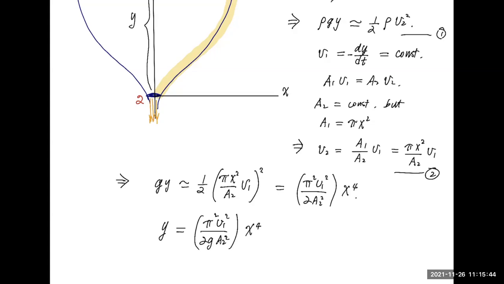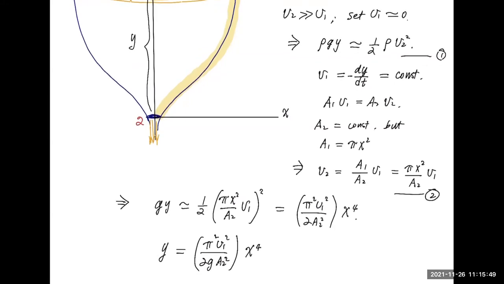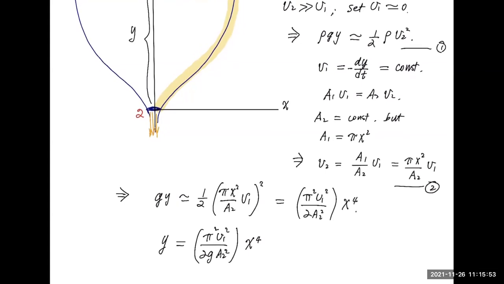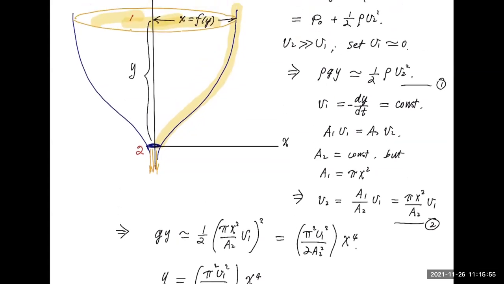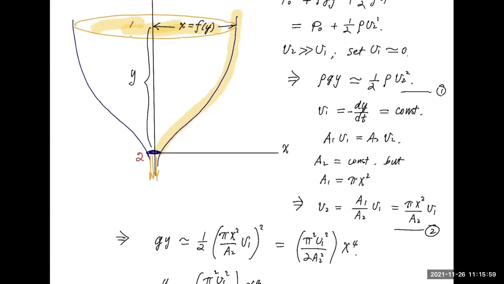This is the shape desired for this container. Y has to be a constant times x to the power 4, in order to guarantee that as the water comes out of the hole, the water level at the top would descend at a constant speed of v1.